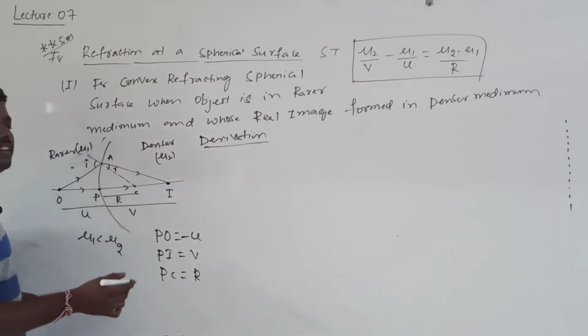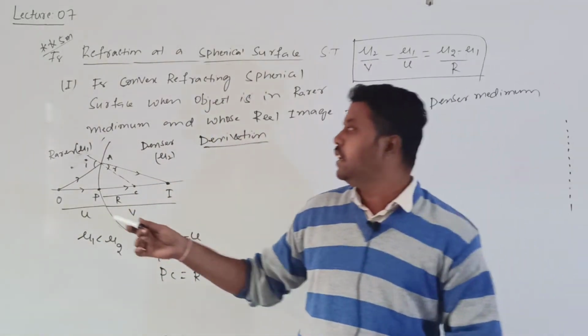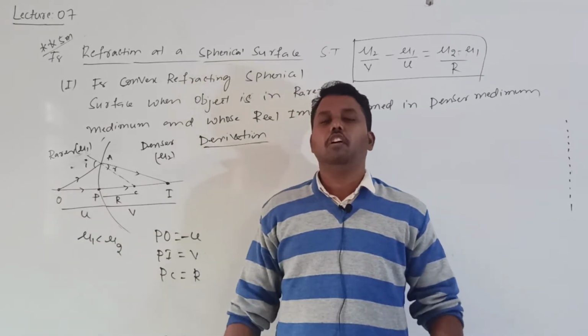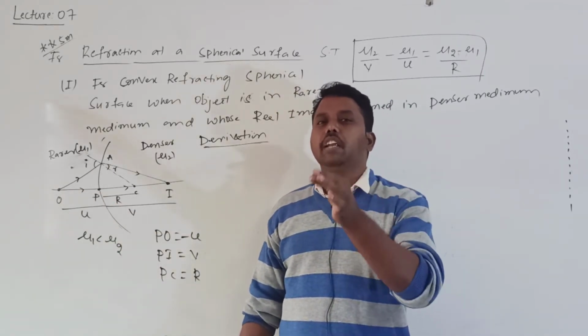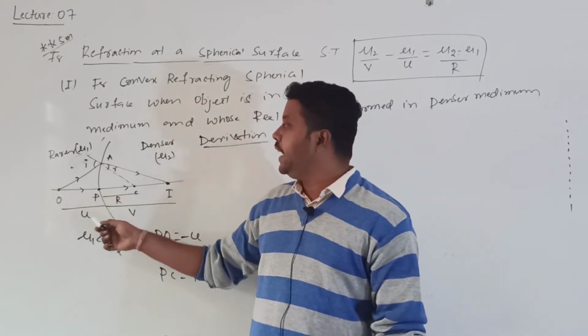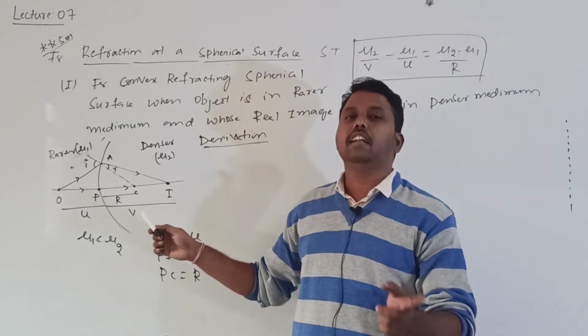This condition is a must, so that this side is the rarer medium and this side is the denser medium. Consider an object O of point size kept on the principal axis. Then the light rays from the object incident on the surface will converge at a point I, where I will get the real image.